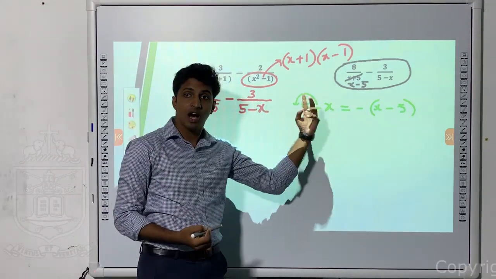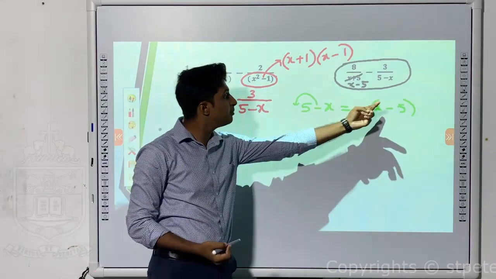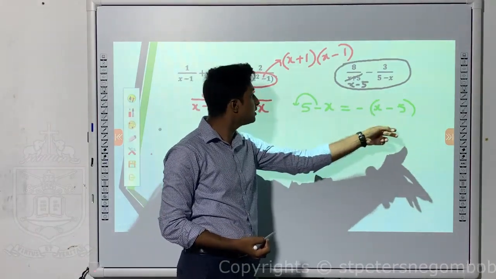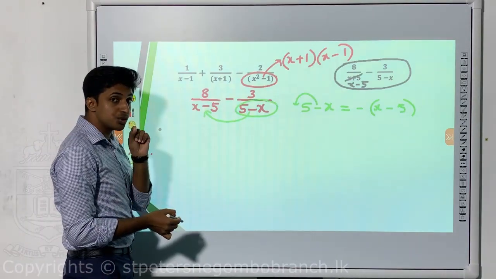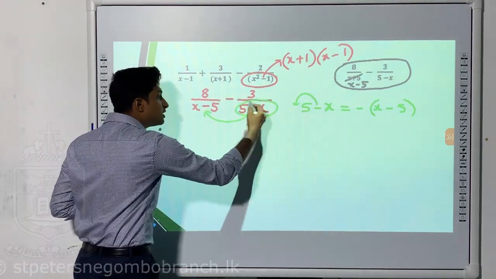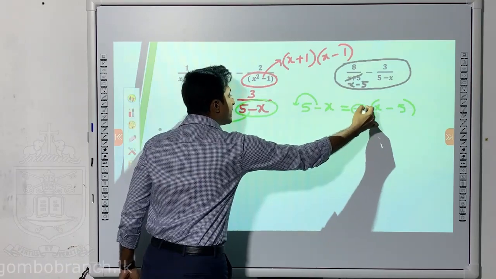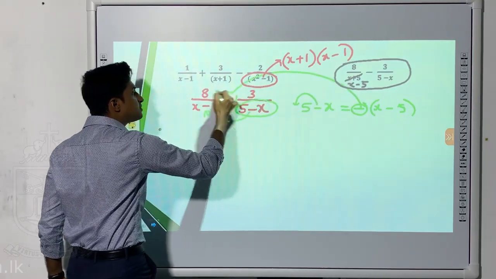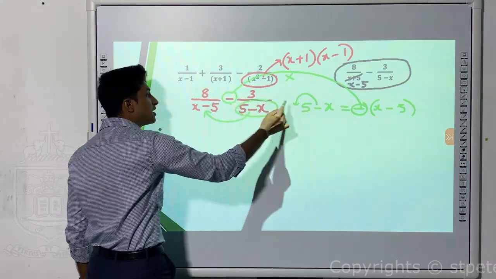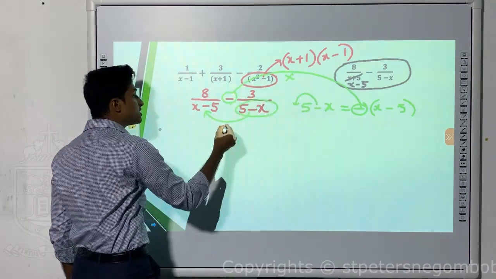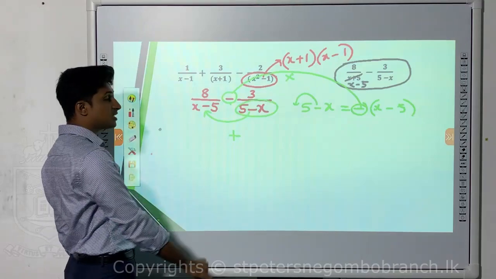But you should remember that when you convert this side, this minus comes and multiplies with the minus in the middle, and minus into minus will become plus in the next form.